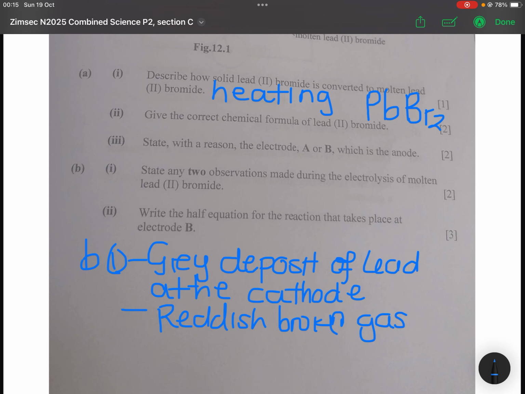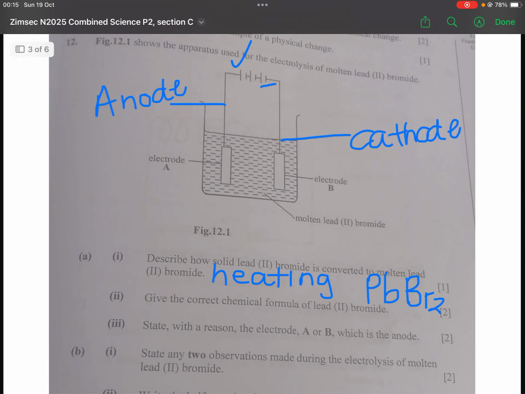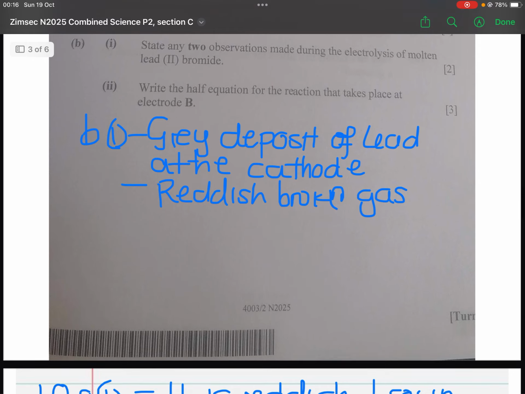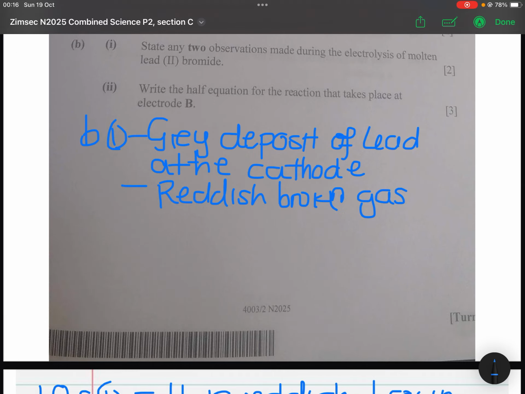And then on B part 2, write the half equation for the reaction that takes place at electrode B. So let us see which one is electrode B. This is our electrode B. We need to write the half equation at the cathode, right? That is where we are going to see the deposit of lead.